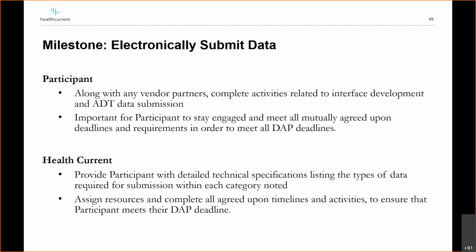And from a Health Current perspective, our account managers will help the participant with the detailed technical specifications and the types of data required for submission to meet each of those milestones. We will also have assigned resources to help complete the agreed upon timelines and activities as well.